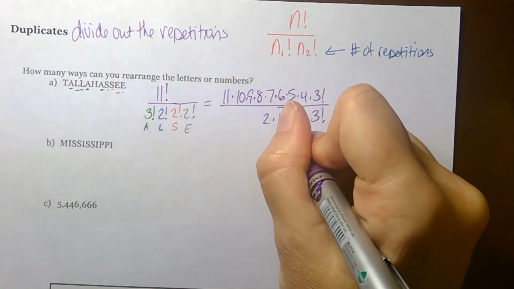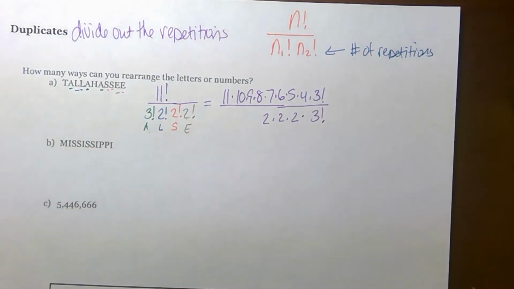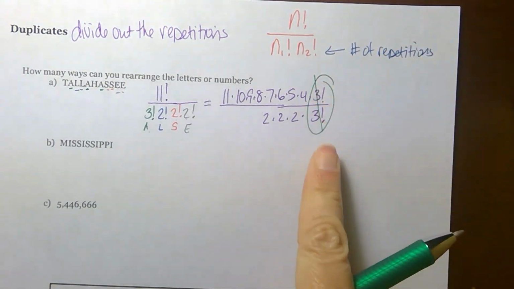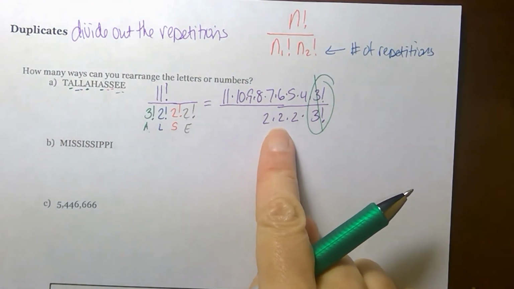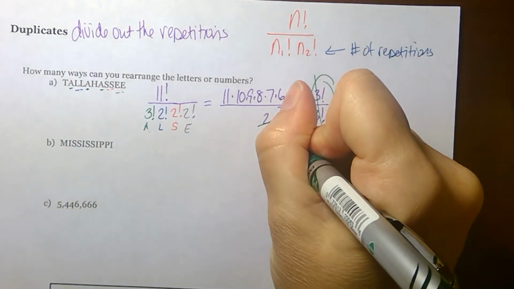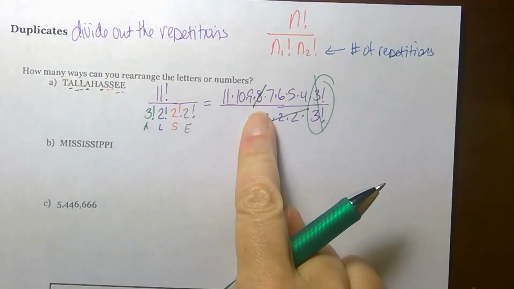So that would be 2 times 2 times 2 for those 2 factorials. Okay, I see my 3 factorials cancel out. That's 1. What else will cancel out or simplify? Well, 2 times 2 is 4, times 2 is 8. So these 3 2's multiplied together cancel out with that 8.